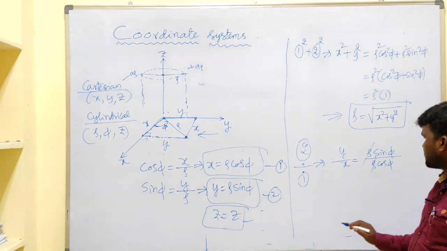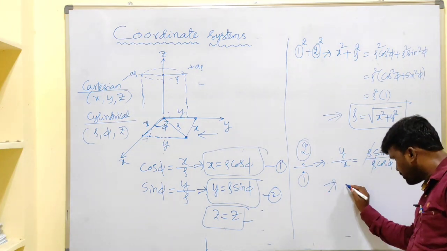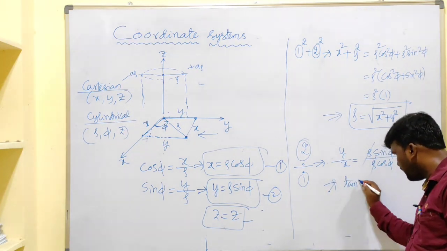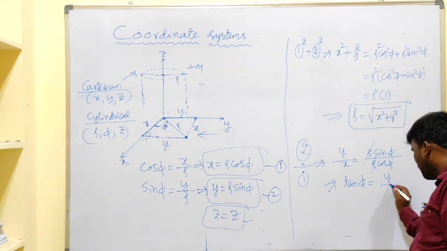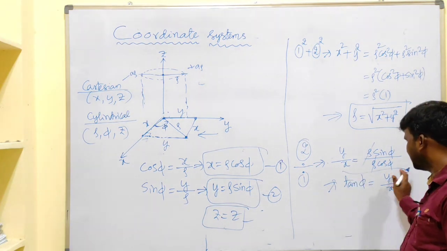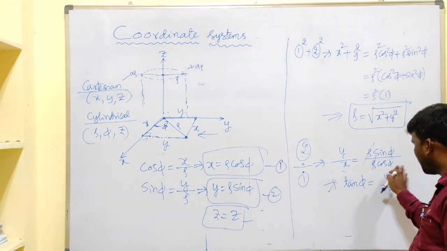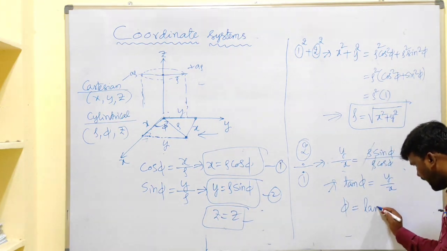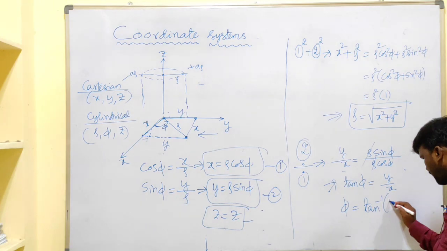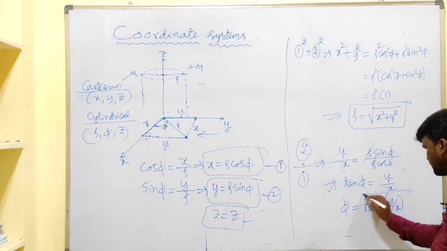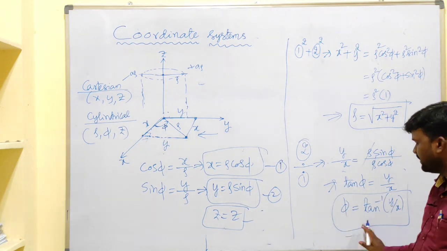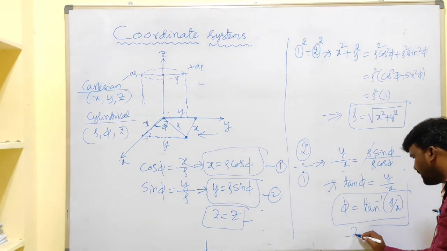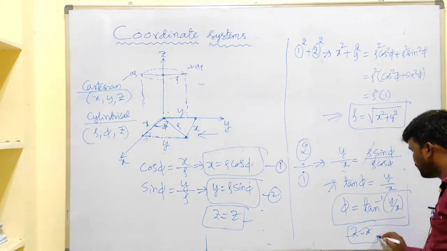Here rho gets cancelled. Then sin pi by cos pi gives tan pi, equal to y by x. But we require pi, so pi is equal to tan inverse of y by x. Now z equals z.